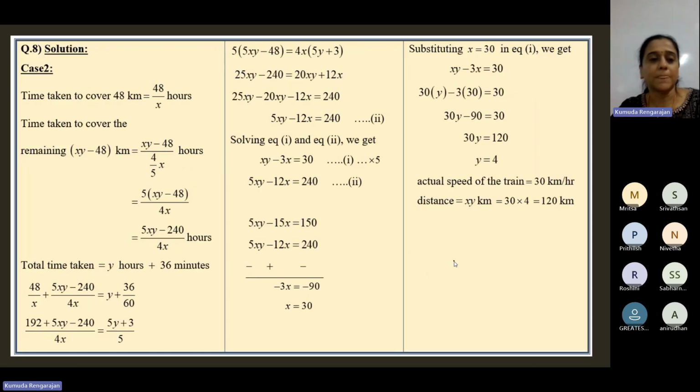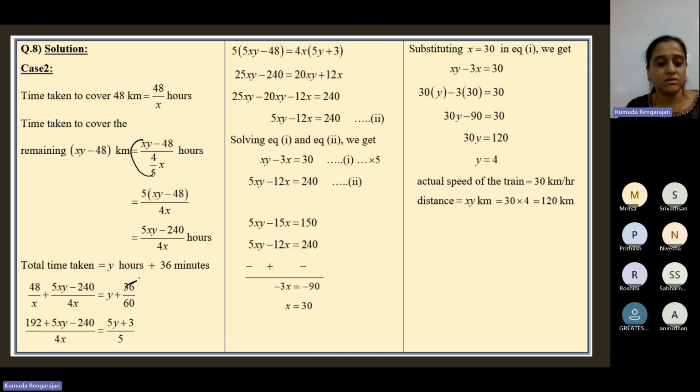Okay, so similarly, distance 48 by speed x, and distance xy minus 48 by speed 4x by 5. Distance by speed is the time taken. In the same way, this 5 goes to the numerator, and the total time taken is y plus 36 by 60.